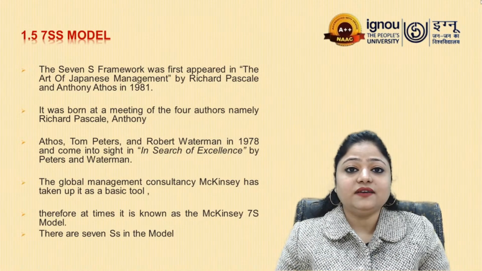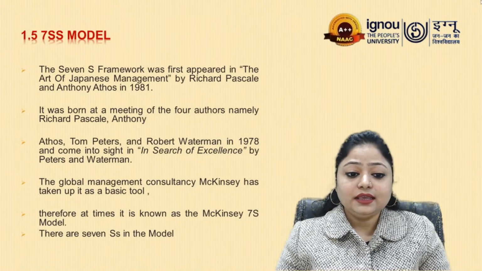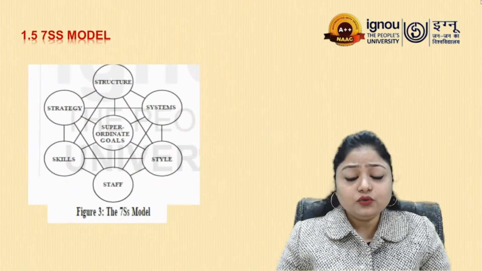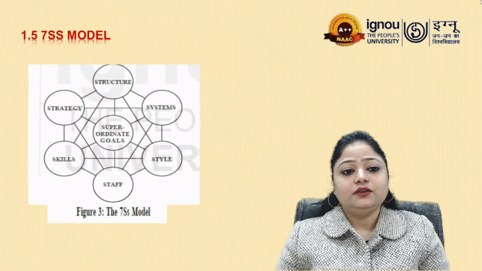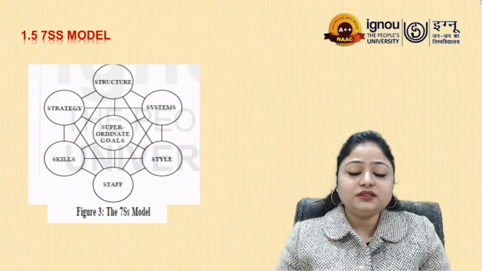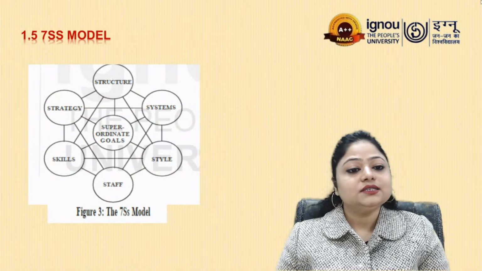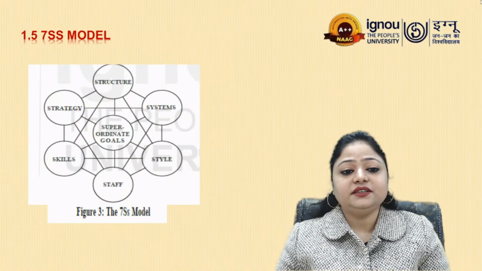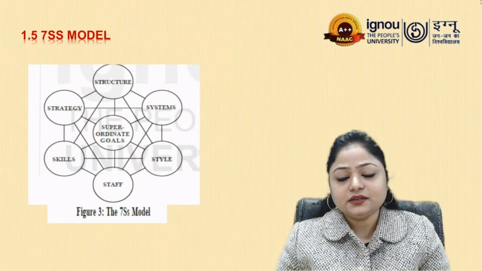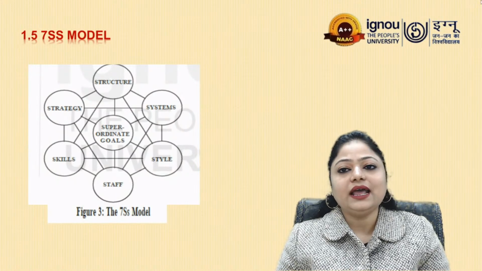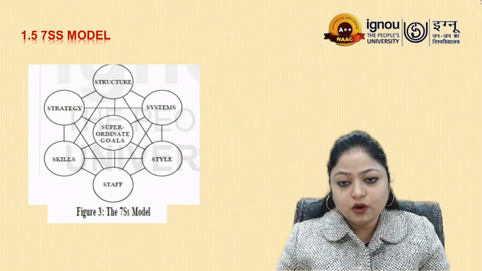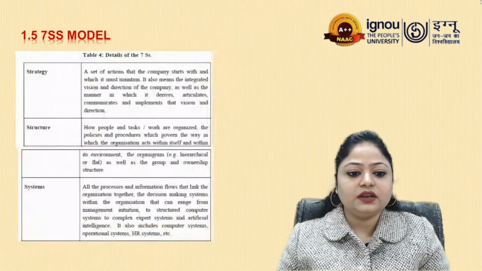So there are 7S's in the model. Now, what are these 7S's? So the 7S's are structure, then systems, style, staff, skills, strategy, and superordinate goals. So these are the different 7S's involved in the 7S model of an organization.